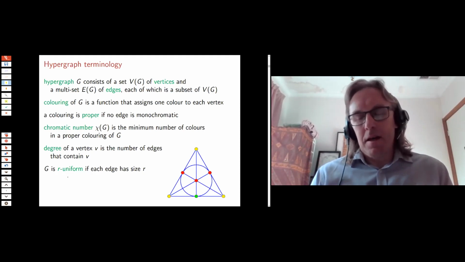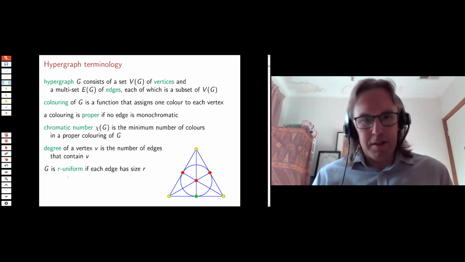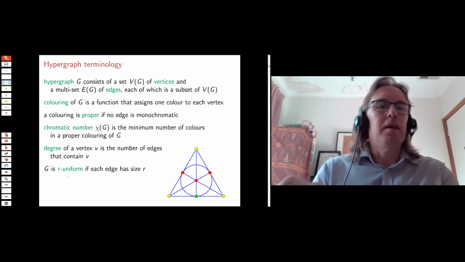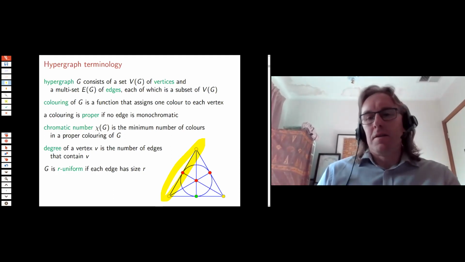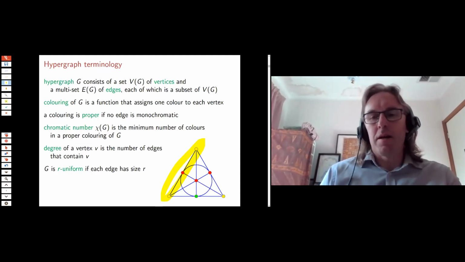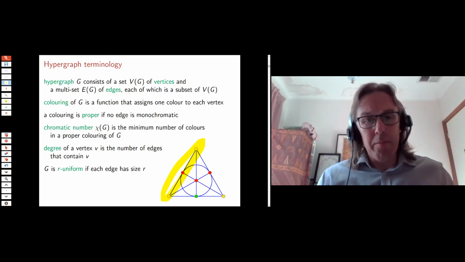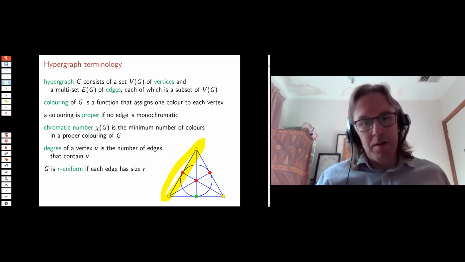So this is a hypergraph, and the coloring of the vertices is a proper coloring of the hypergraph. So for example, this edge here has got 2 colors to it, so it's not monochromatic, and every edge gets at least 2 colors. And the chromatic number of a hypergraph, chi of G, is the minimum number of colors in a proper coloring of G.